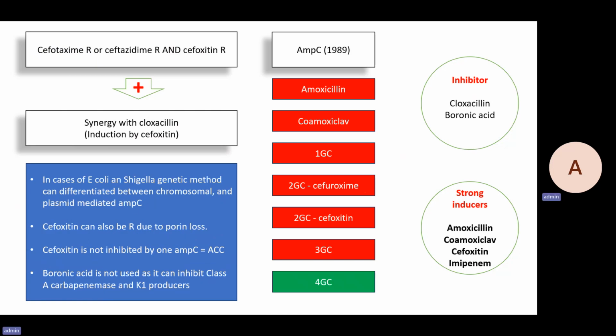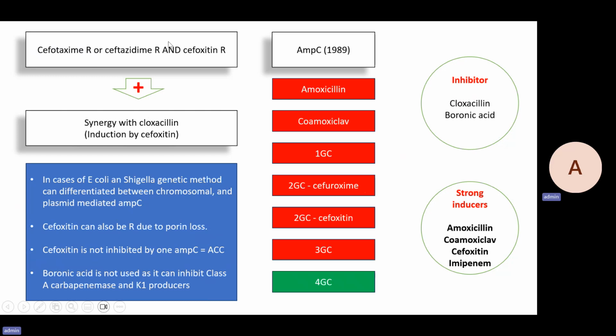How do we screen for AmpC? We screen using cefotaxime resistance or ceftazidime resistance, so third generation cephalosporin resistance, together with cefoxitin resistance. Cefoxitin resistance is something that tells us this is AmpC, because you wouldn't see it in ESBL. So cefoxitin resistance and third generation cephalosporin resistance together are considered a screen for AmpC.